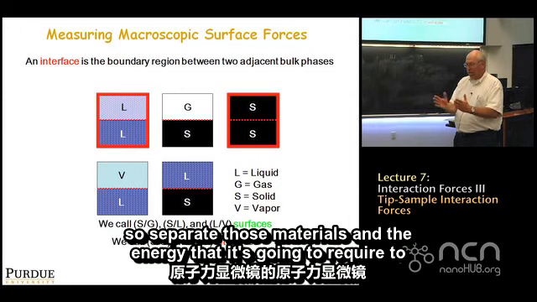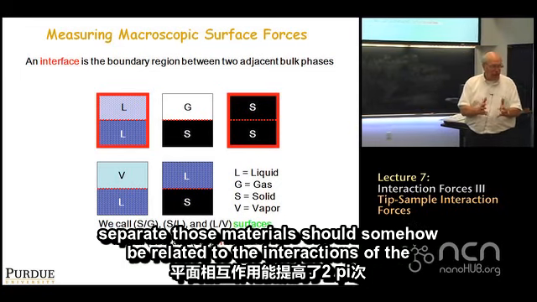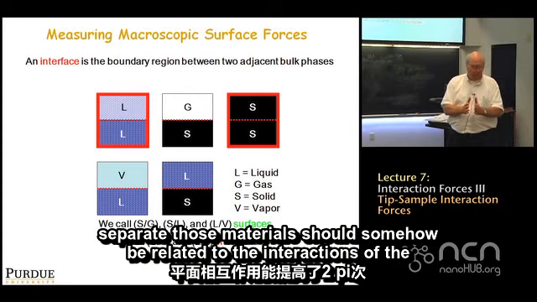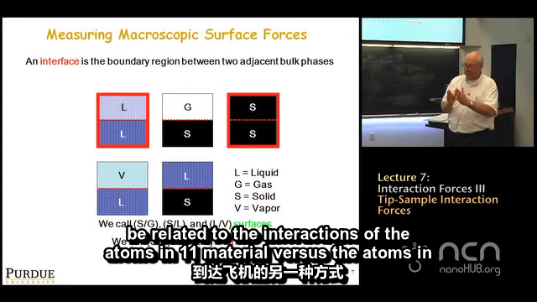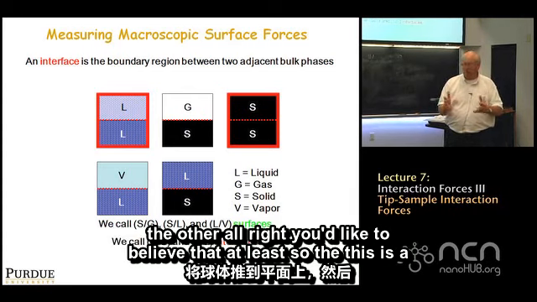And the energy that it's going to require to separate those materials should somehow be related to the interactions of the atoms in one material versus the atoms in the other. You'd like to believe that, at least.